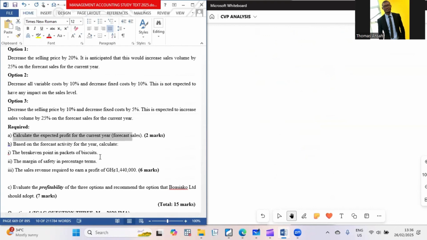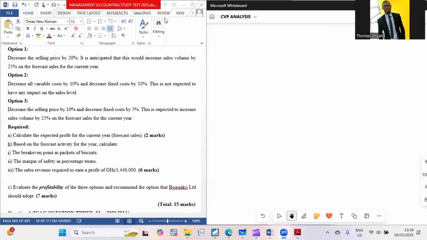So all you are going to do is to calculate the expected profit for the forecast. So let's do that one quickly. Then we will come back to do our normal break-even activity. So we say calculate break-even here, calculate margin of safety in percentage terms, then sales volume required to meet that particular level of profit. All right. So let's do the first one. Then we come back to do the second one. And that's it. All right. Quickly.